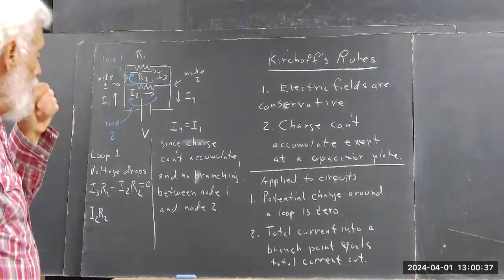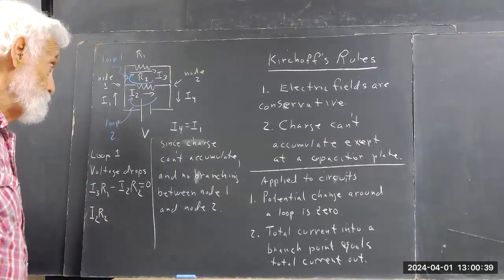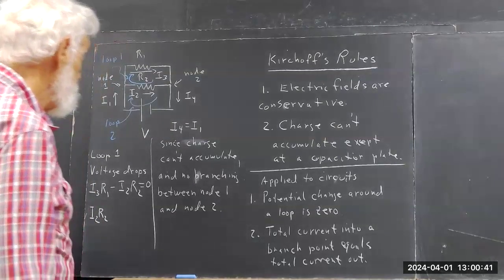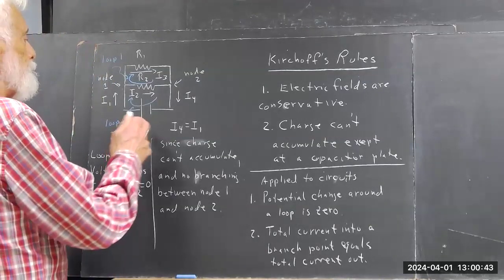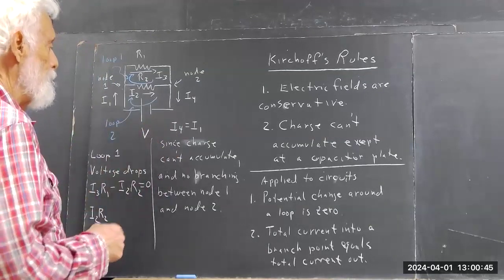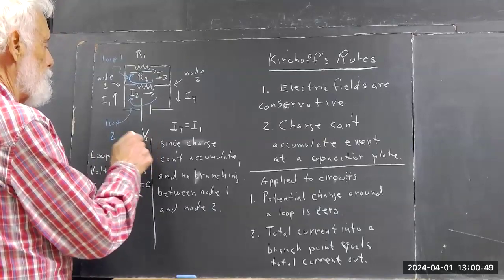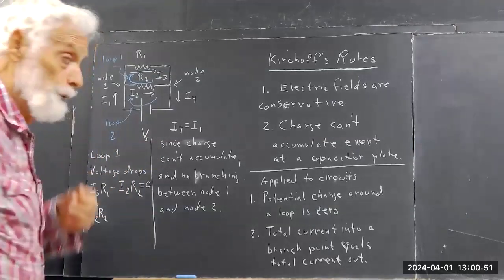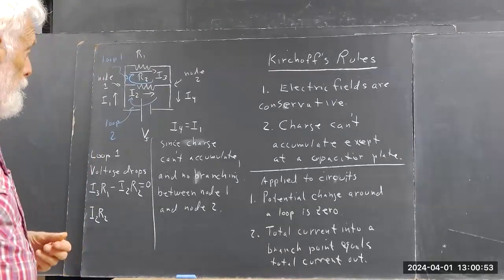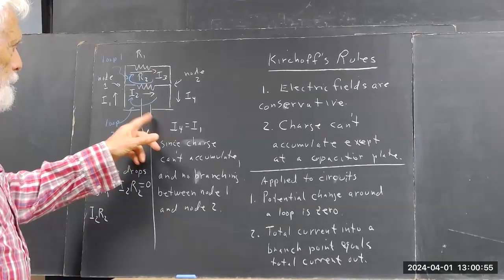Well, you have I2R2, and then you have your voltage drop across the source, which has voltage V. Call that V sub S, the voltage of the source. And we're going from negative to positive.